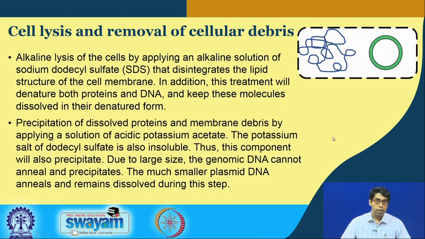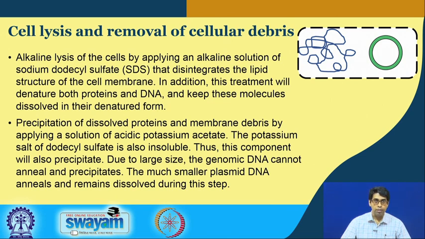Now, we add another solution which is called a precipitation solution. This solution is a solution of potassium acetate. This is a potassium salt of acetic acid, and it brings the pH back to the acidic range.